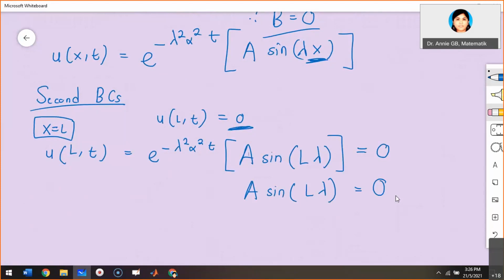Okay, can I say A equals to 0? Everyone. Can I say that? Shazri, boleh ke saya cakap A sama dengan 0?